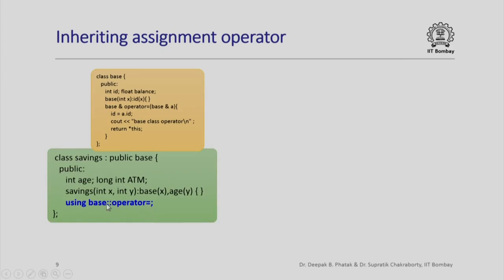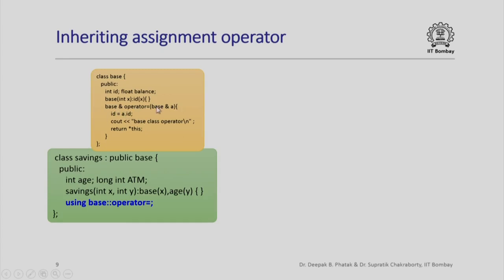Once again, this is the scoping operator, this is a keyword using. This says that this derived class can use the assignment operator of the base class, effectively inheriting the assignment operator of the base class. So unless you specify this explicitly, the assignment operator is not going to be inherited, unlike other methods which will be inherited, unlike even other operators which will be inherited.